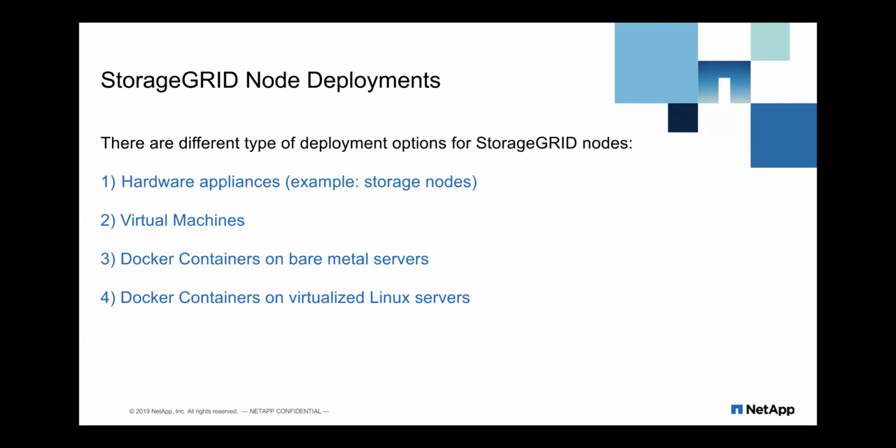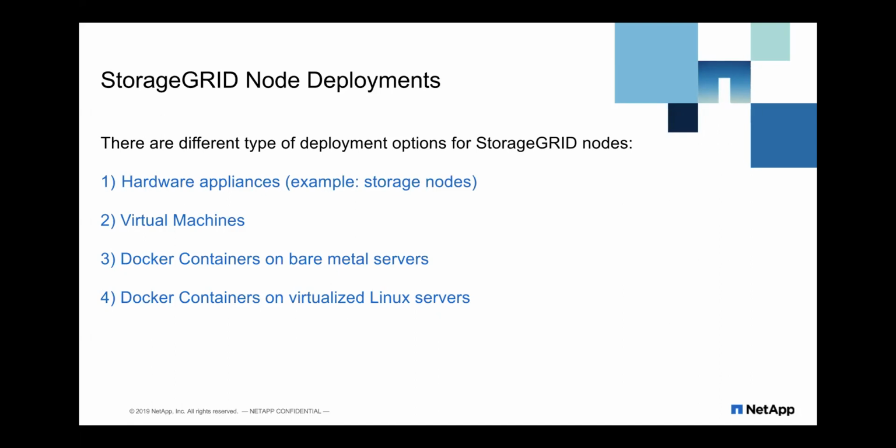We have ones starting with 12 drives up to 60 drives, and recently we released the all flash hardware appliance as well. And next you've got virtual machines, so you can deploy virtual machines within your ESXi environment, and that machine will be running a single node, whether a storage node or an admin node or a gateway.